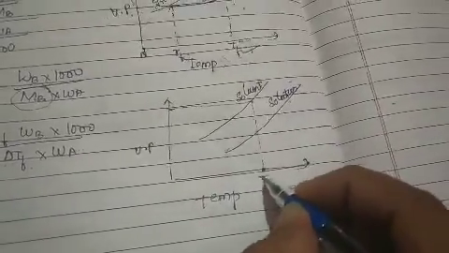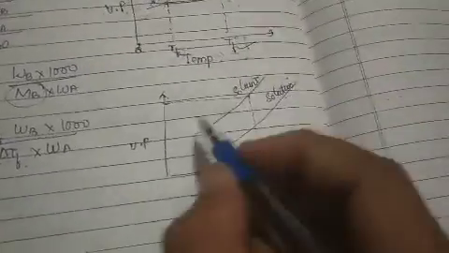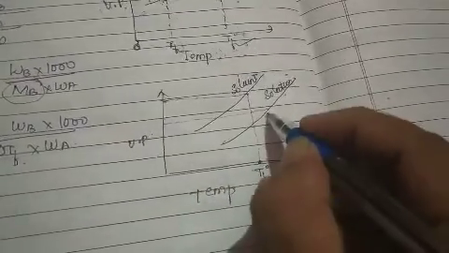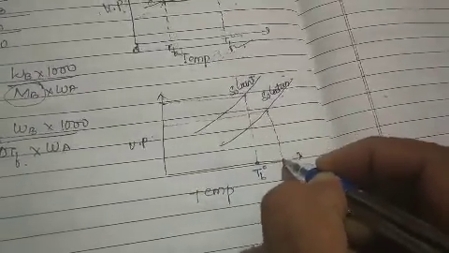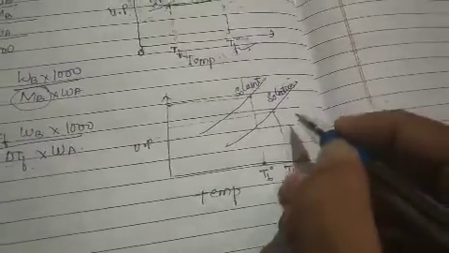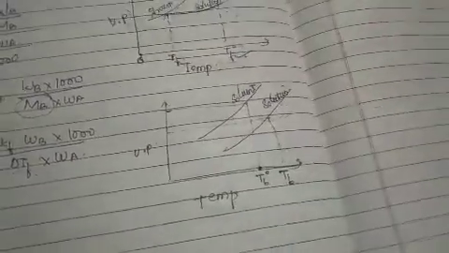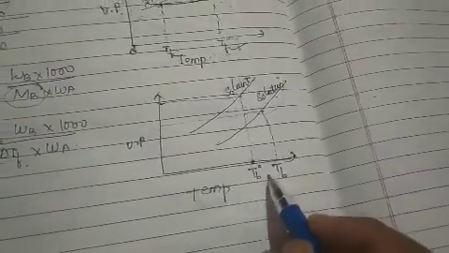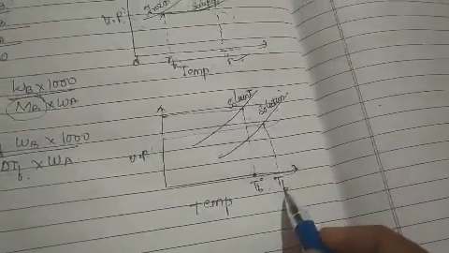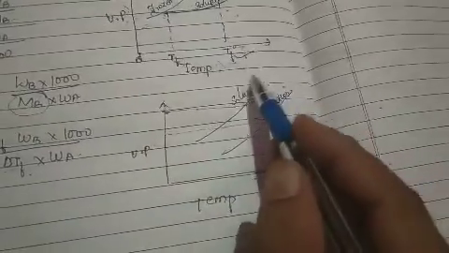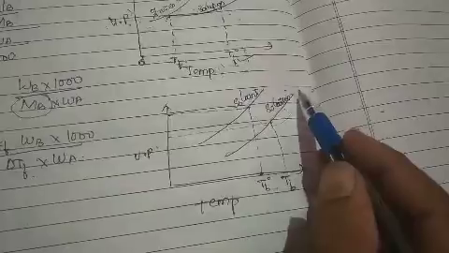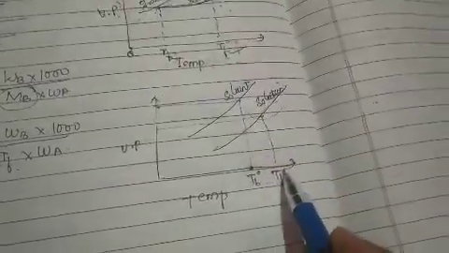If I take it as TB naught, the same line when I'm extrapolating for my solution, you could see that here I am getting TB, because it is the boiling point of your solution. Here we are noticing that your TB naught is smaller than your TB, which says that after the addition of a solute to this solvent, the solution's boiling point is increased.